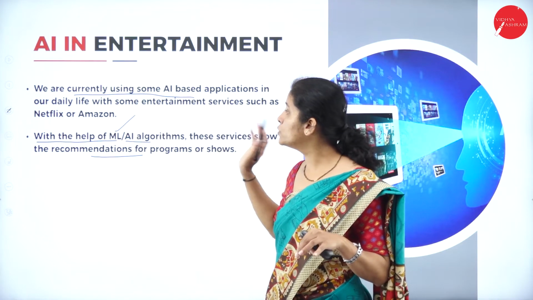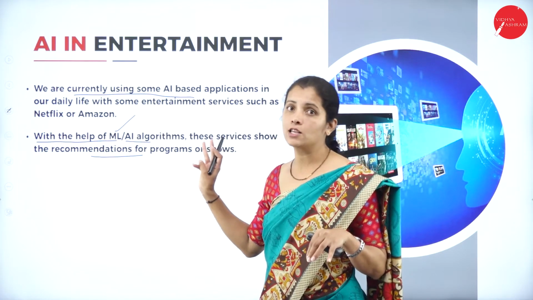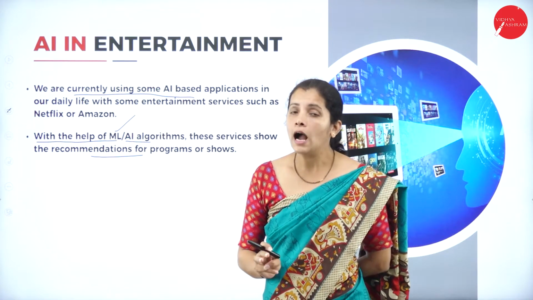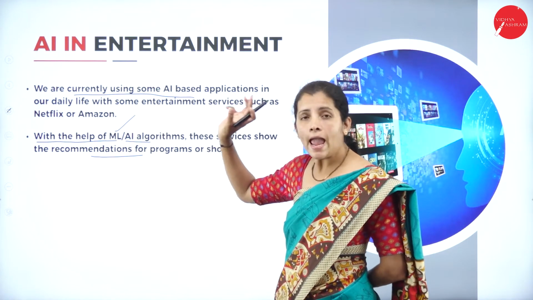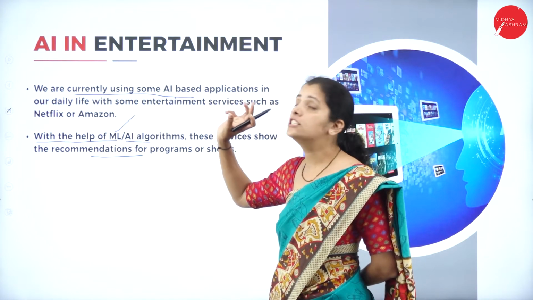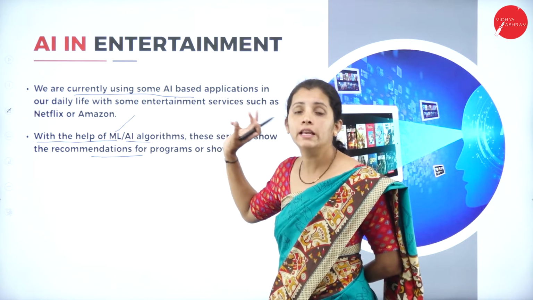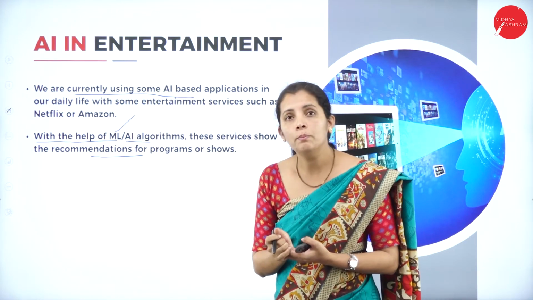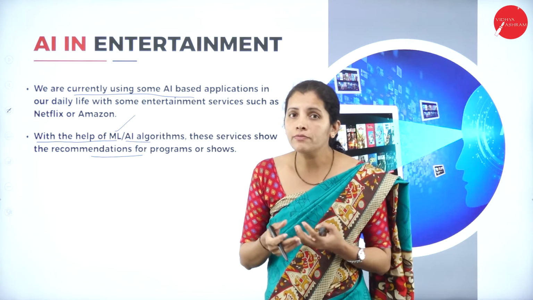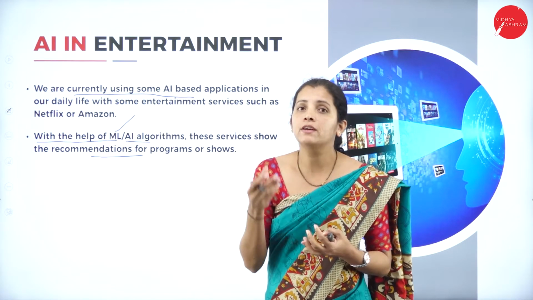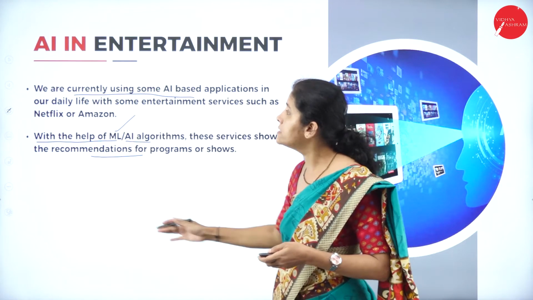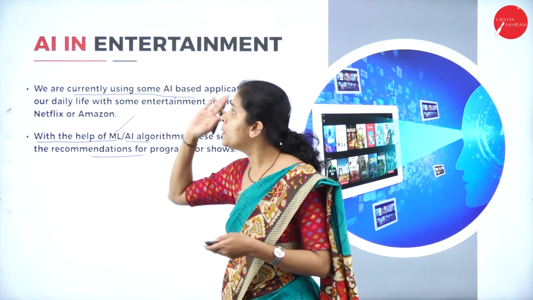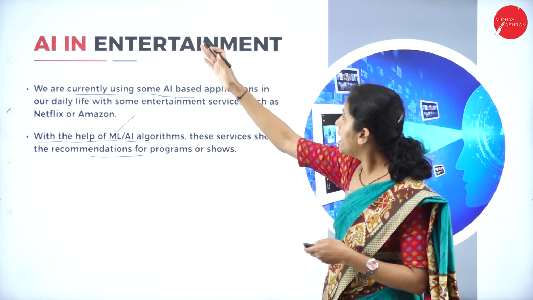So here it's going to make use of machine learning as well as artificial intelligence algorithms, and this AI becomes a crucial member of any film. Without AI, we cannot make a film. Suppose I want to make any scientific or fiction movie, once again I'm going to have AI. So AI plays a very important role in entertainment.